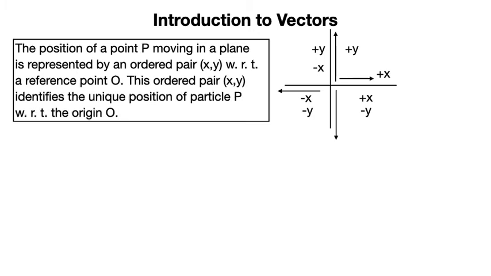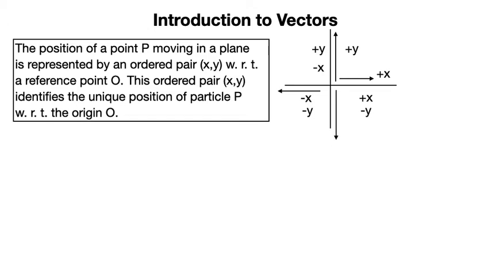The position of a point P moving in a plane. Initially, in the last examples, we had the particle constrained to move along a straight line. Now we have a particle which is free to move in a plane.